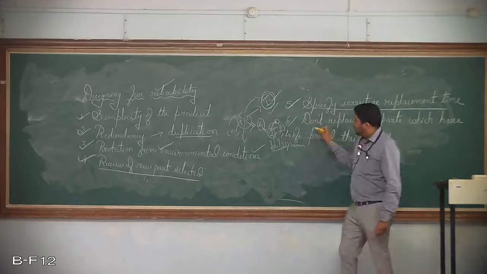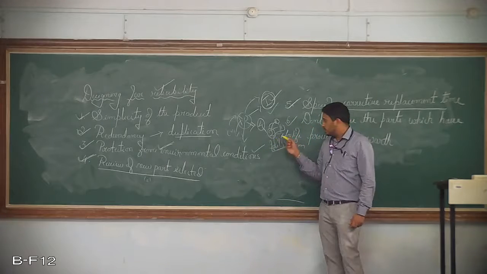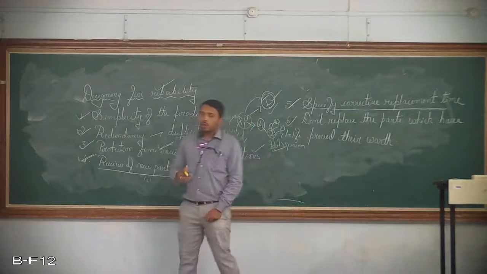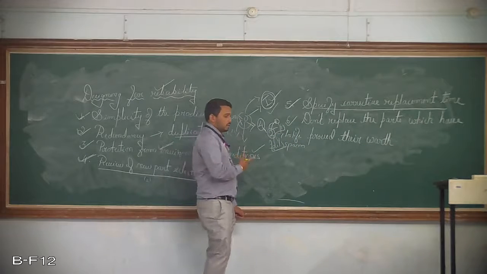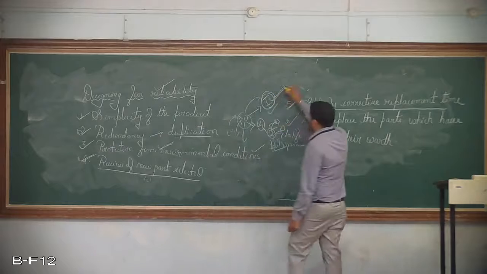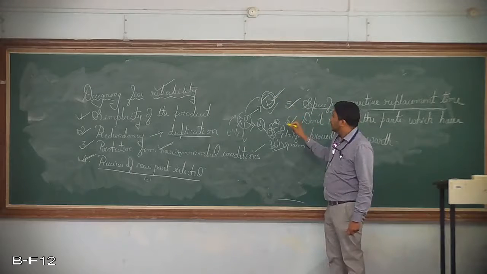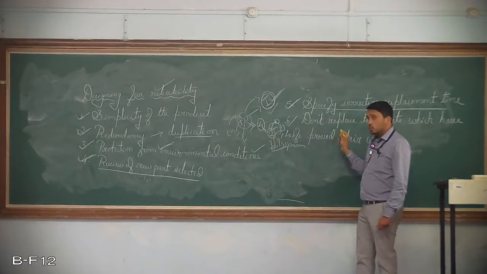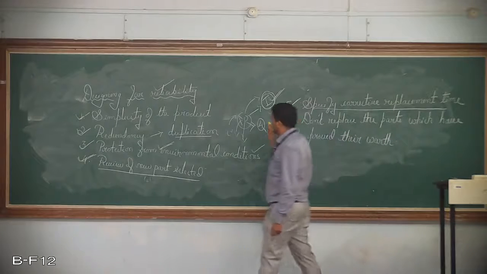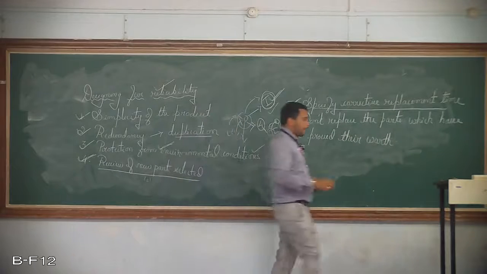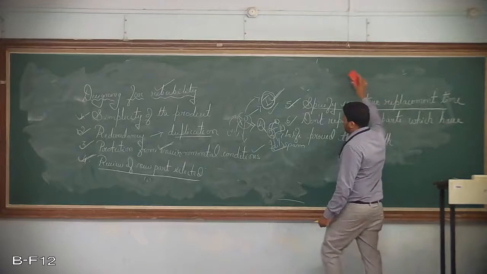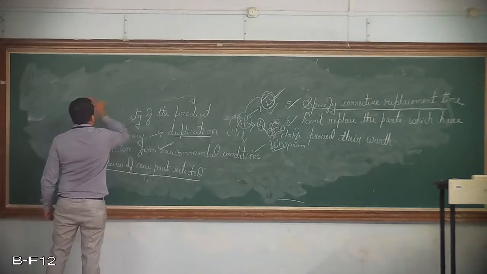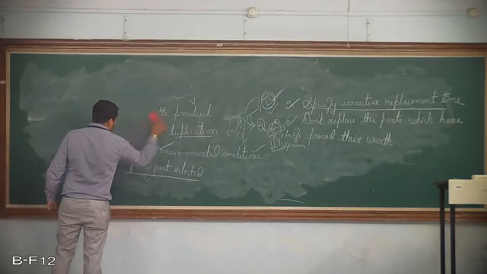But if there is no such reason, then there is no need to replace the parts which have already proved their worth time and time again, because unnecessarily we can't play with the reliability of the product by not using the parts which have shown their worth. So these are some of the points which we need to consider in designing a product for maximum reliability.